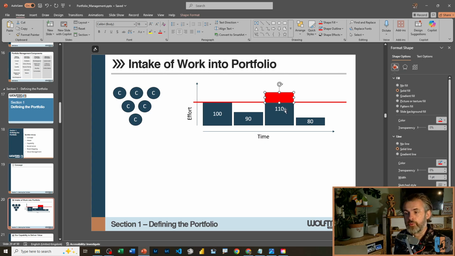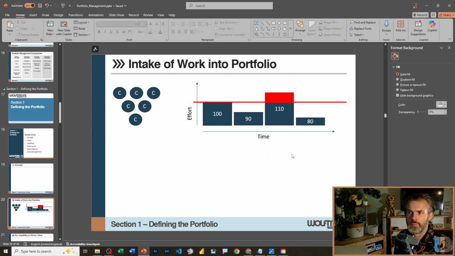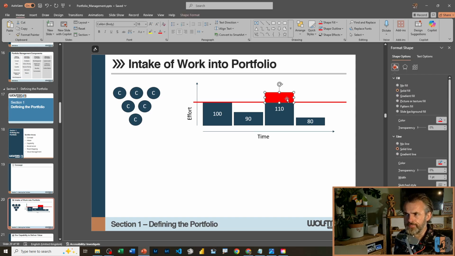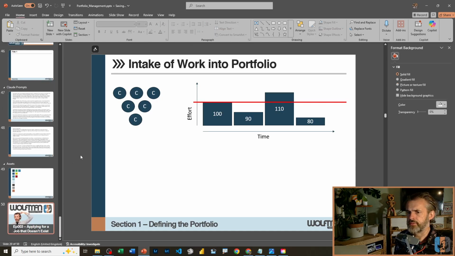Do we need to pull in more resources, whether permanent staff or outsourcing, to deliver on these projects or products? Or we could move that along, reduce the effort in here and push this down here if they're not time critical. But let's leave that as it is for the moment.